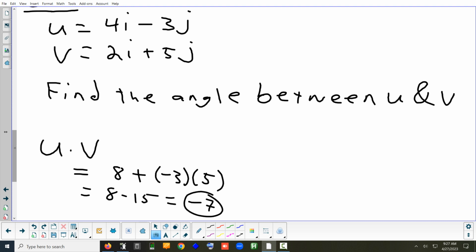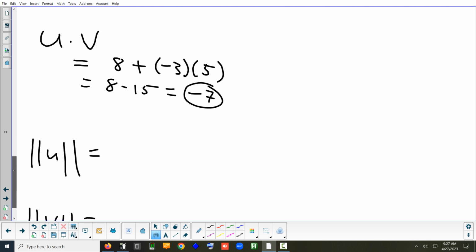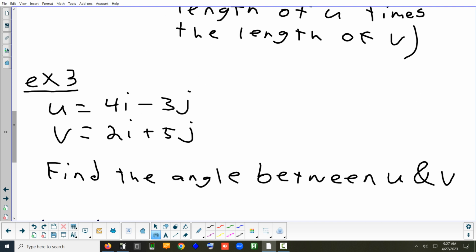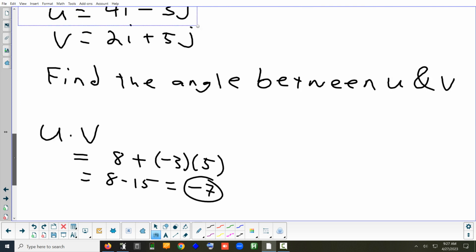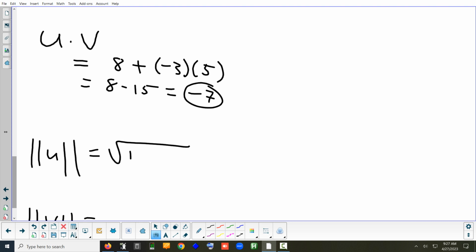Now we need the length of u. Square this, add them up and take the square root. It's like we're making our triangle. So 16 plus 9, which gives me a length of what for you? 5.